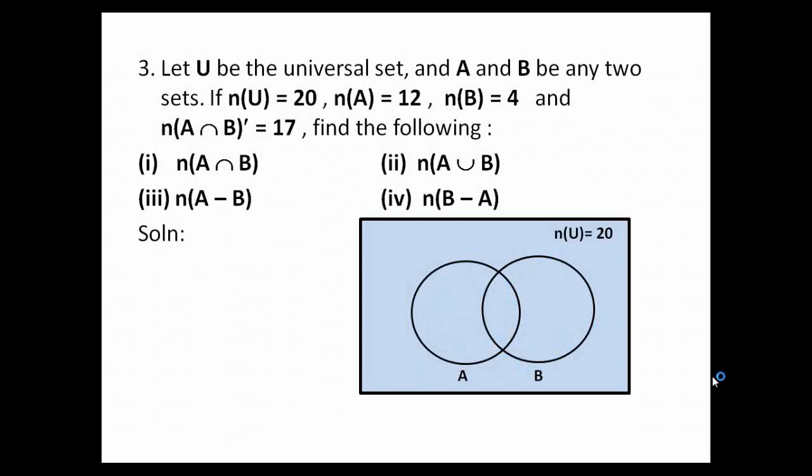So here we have to find first n(A intersection B). So this is the n(A intersection B) part. We have to find this, and what else do we know apart from this? n(A intersection B complement). Now what is n(A intersection B complement)?